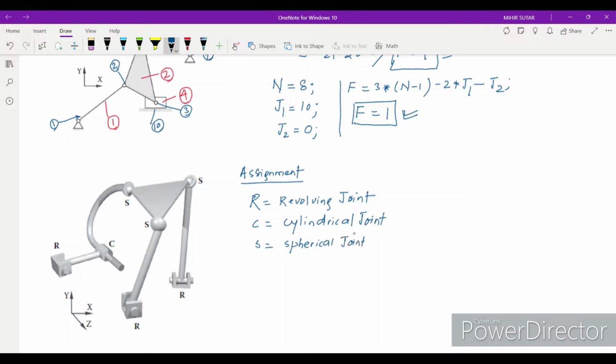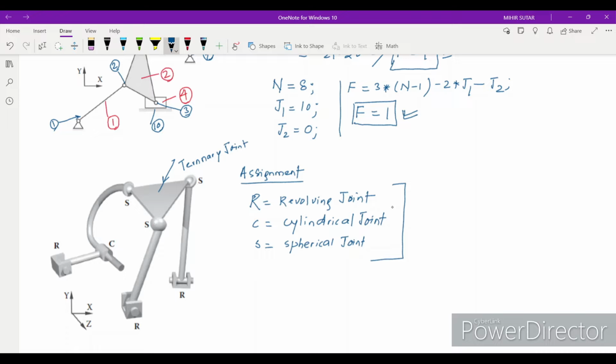In one of my previous lectures from module 1, I told about these joints and their respective degrees of freedom. So from there, and it is a ternary joint. Here you can see it is a ternary joint.